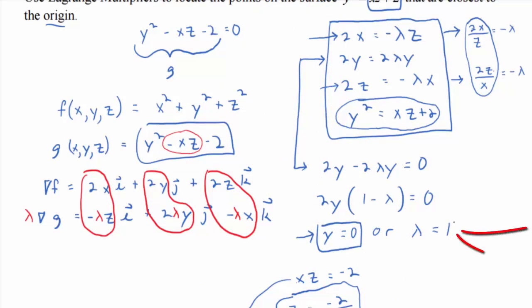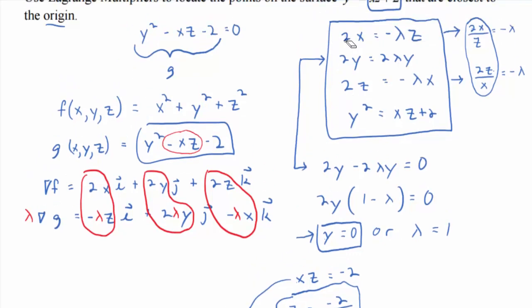So lambda equals 1, where does that get us? Well, we're not assuming that y is 0 in this case, right? So if lambda equals 1, what is the original set of equations up here? Well, in the box, what happens to this set of equations if lambda equals 1?